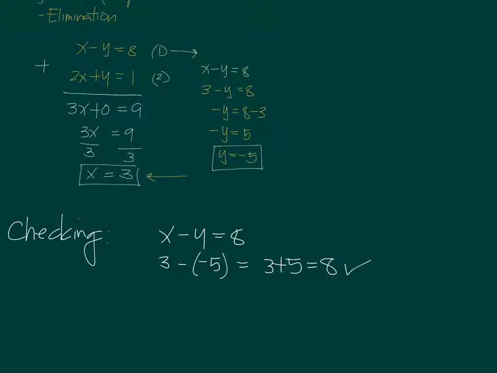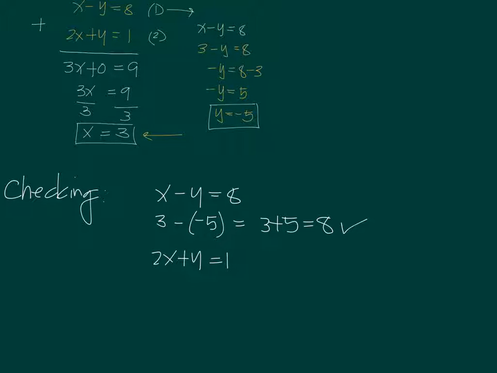If we check the second equation, 2x plus y is equal to 1, then what I have is 2 times 3 plus the negative 5. And then I'll check if this will be equal to 1. 2 times 3 is 6, plus negative 5 means minus 5, and this is equal to 1. So therefore, x equals 3 and y equals negative 5 is correct.